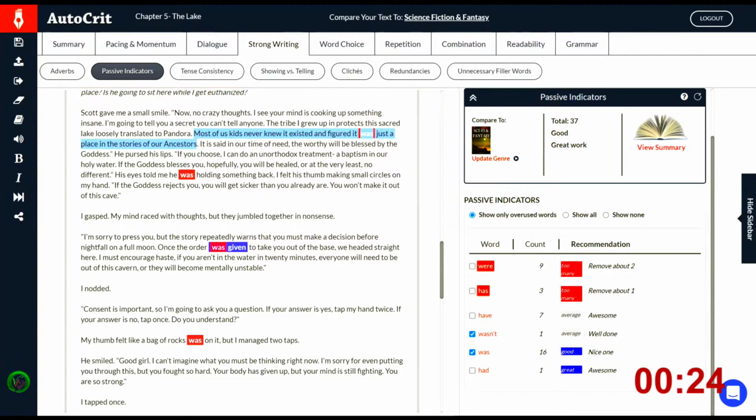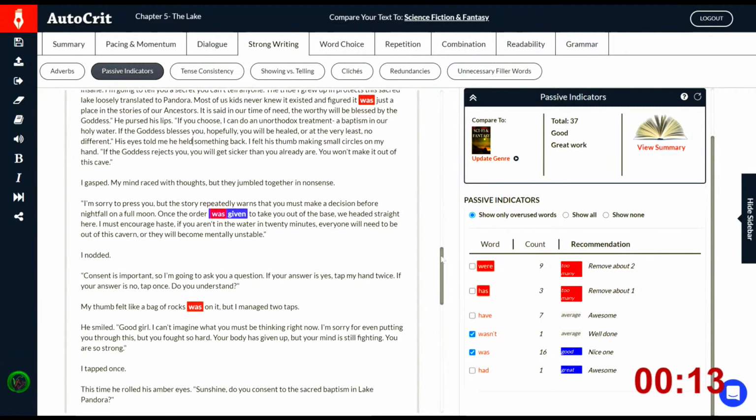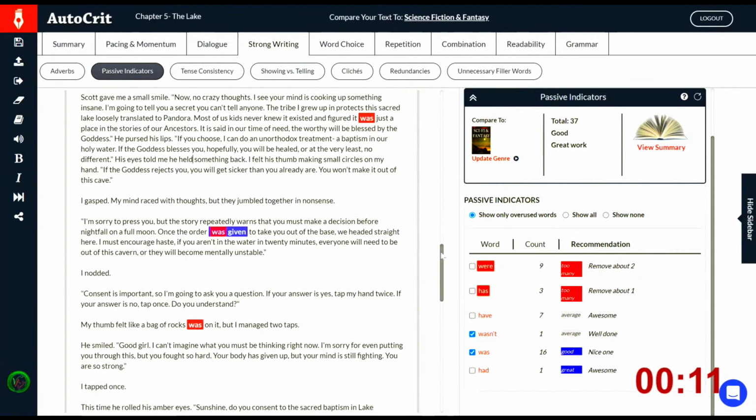His eyes told me he was holding something back. He held something back. All right, here we go. Once the order was given to take you out of the base, we headed straight here, so we definitely need to change that.